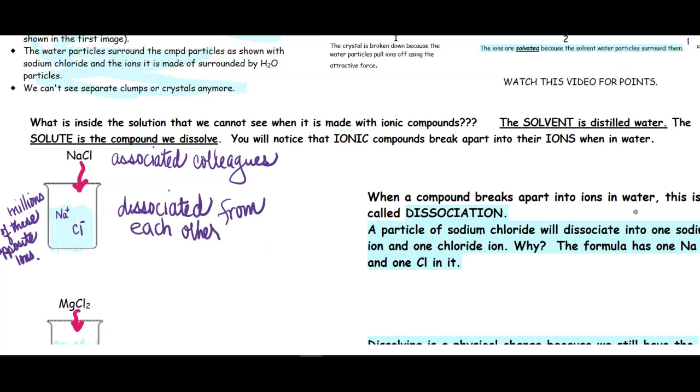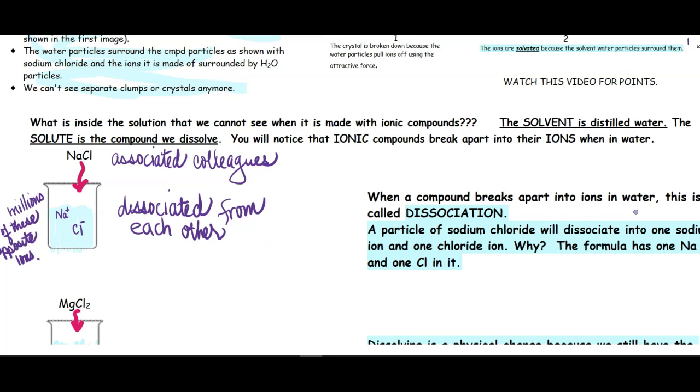So associate means come together. Just like the teachers, all the teachers work together. As colleagues, we're associated with this science department at Mesa High. Dissociate would mean that somebody would leave, or we would break apart as a department into little cliques, and dissociate from each other.